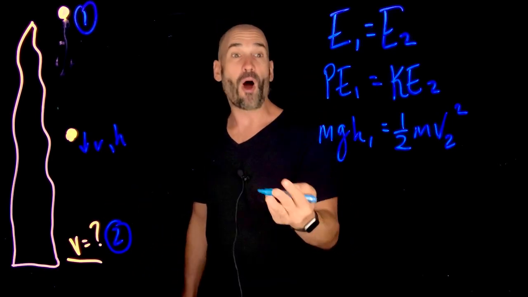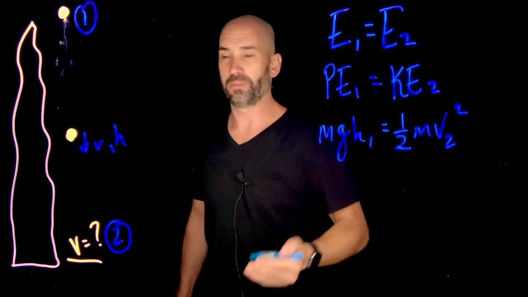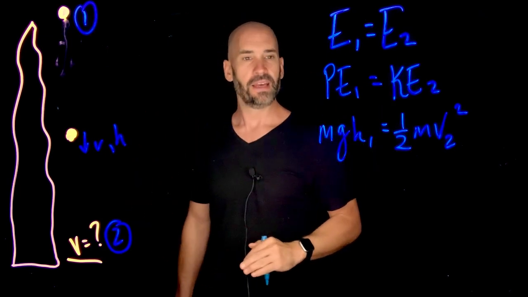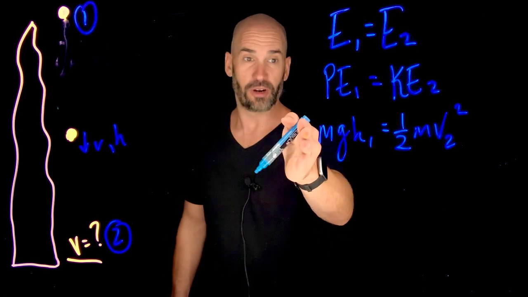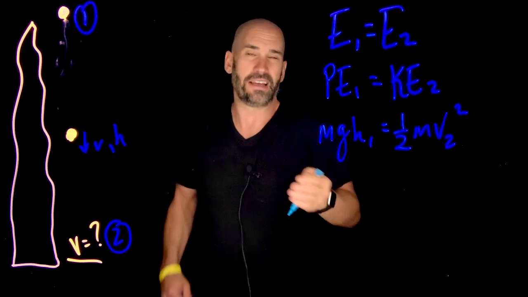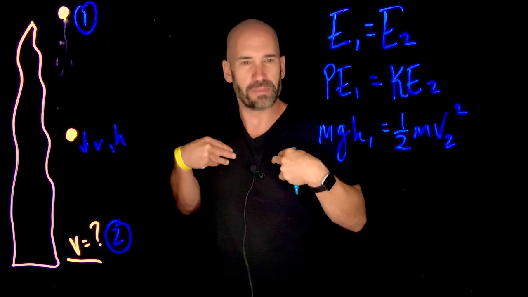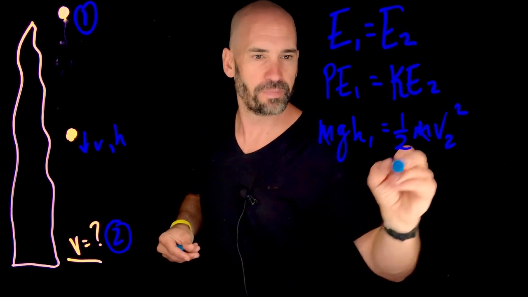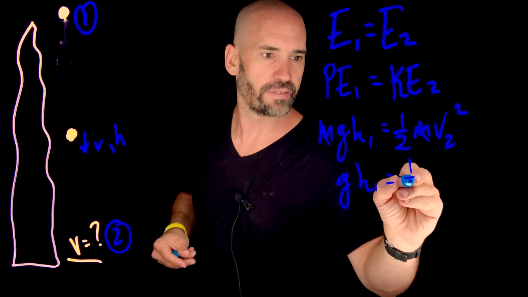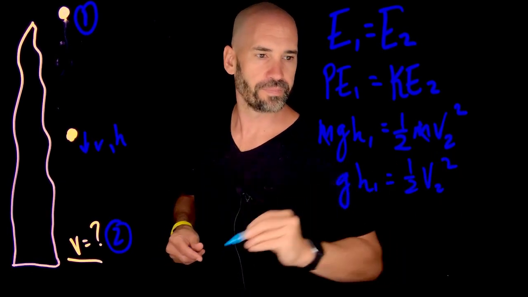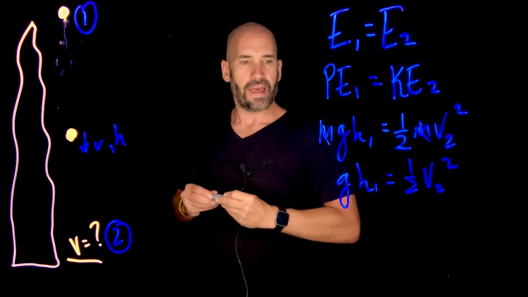So step 3, all I've done is substitute my equations. Basic. Couldn't be easier, right? And if there's a situation where you have m in every term, it's just so satisfying to me, like deeply, deeply satisfying to be able to cancel them out. So I can actually make this a little bit easier and say gh1 equals 1/2 v2 squared. Okay?